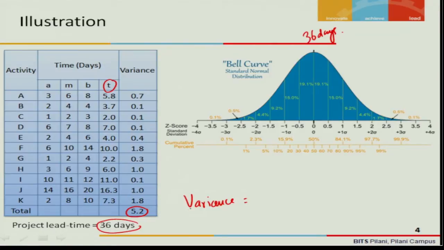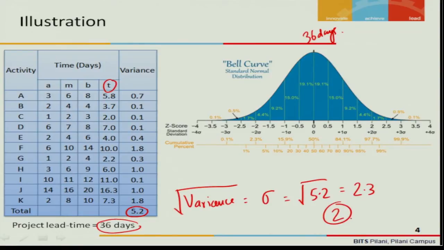So when you want to find the sigma, you have to simply take the root of variance. We know 5.2 is the variance, so sigma will be the square root of 5.2, which is something like 2.3. Okay, for convenience, let us assume it to be 2, just for the sake of our working.